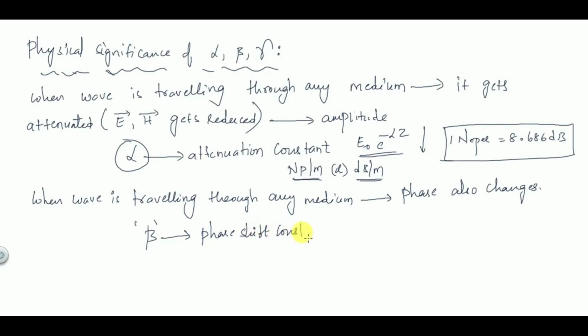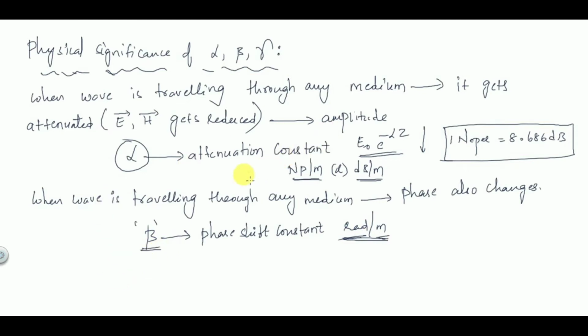Its units are radians per meter. For every length the phase will change, so how many radians it changes for how much distance is represented by the phase shift constant.